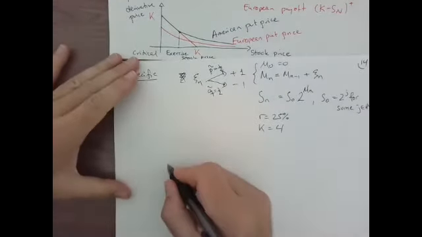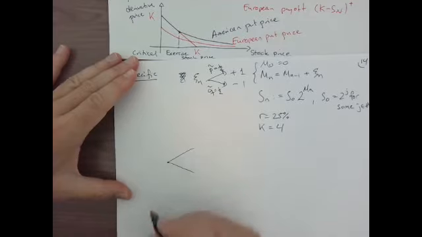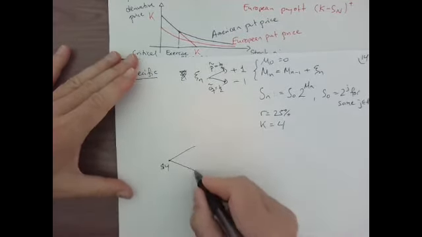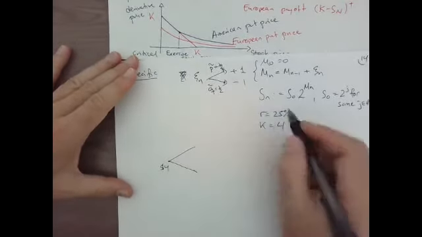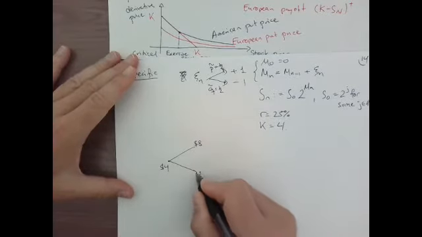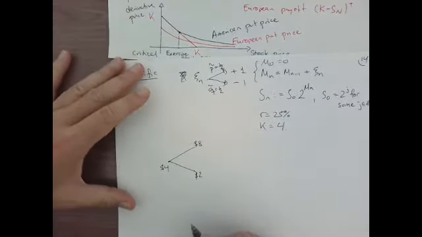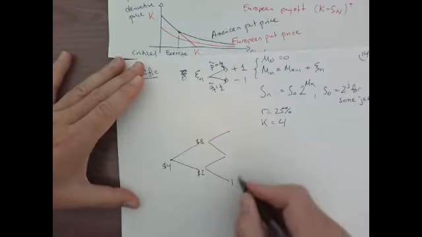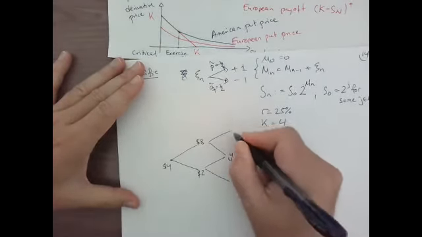Right, so the example is, we start out here at 4, and then we go up by a factor of 2, so it goes up to 8, it goes down to 2, and then it keeps going like this. 1, 4, 4, 16.